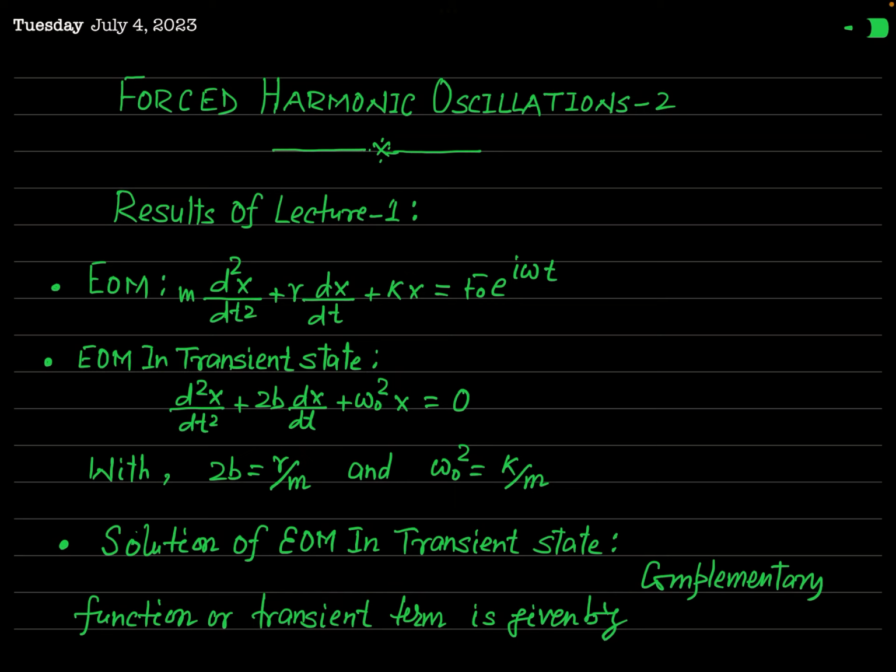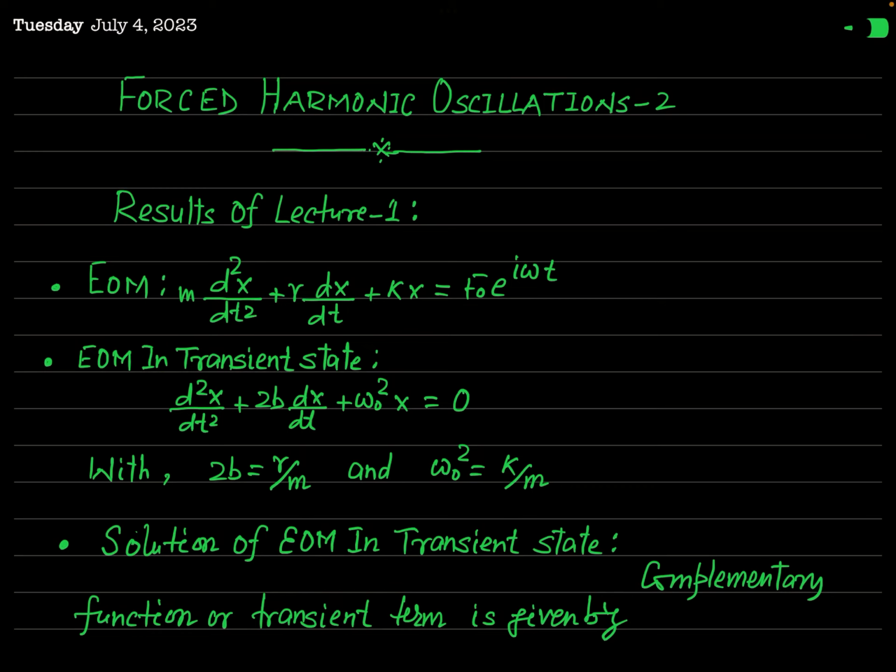It means it provides energy to the oscillator, and so the oscillator in course of time is completely governed by that applied force and oscillates just like a free oscillator. All these things we have discussed in the first lecture on forced harmonic oscillations.